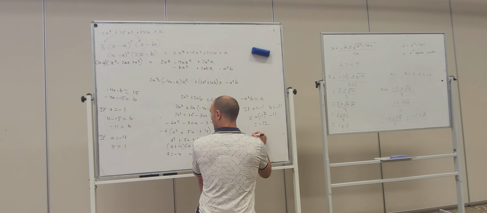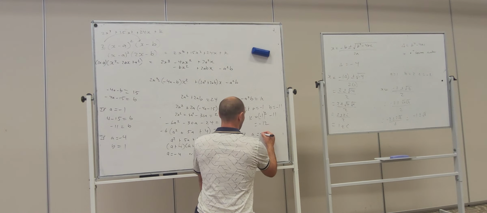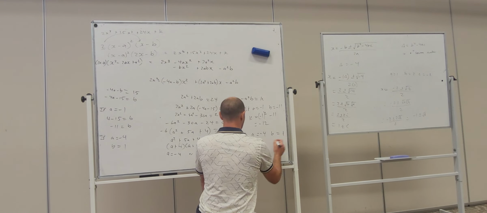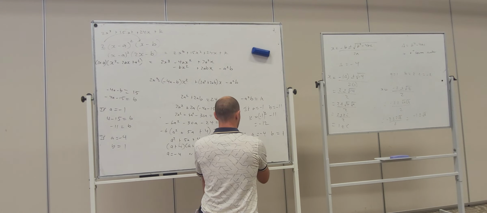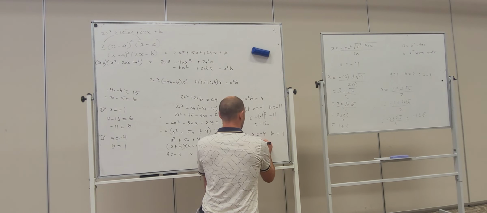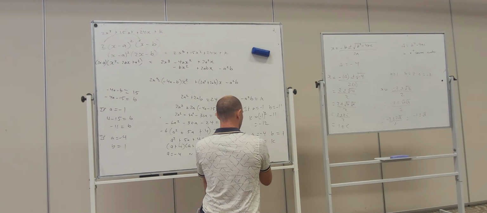And if a is minus 4, b is positive 1, then minus 4 squared times 1, which should be negative 16.